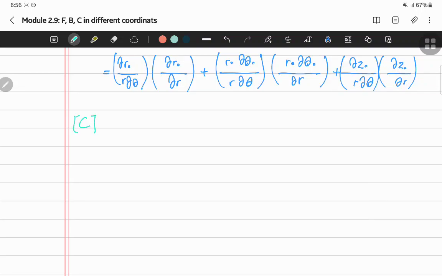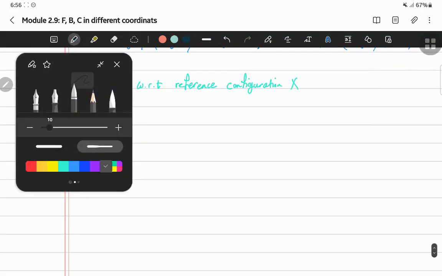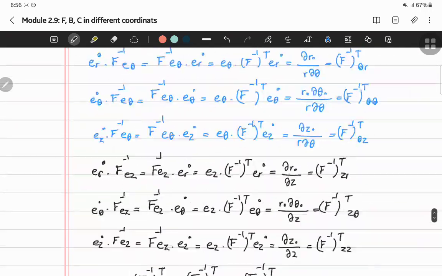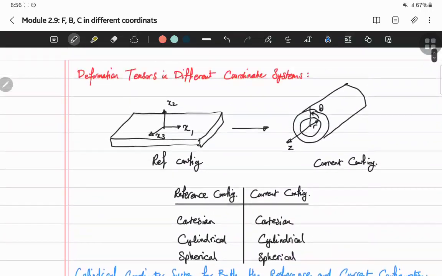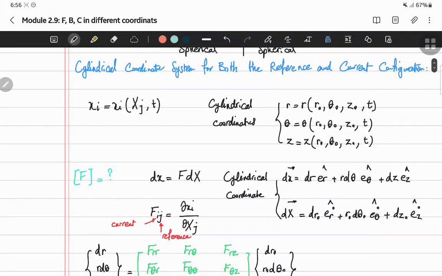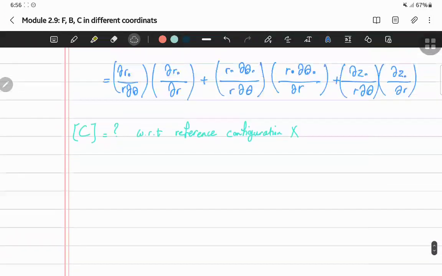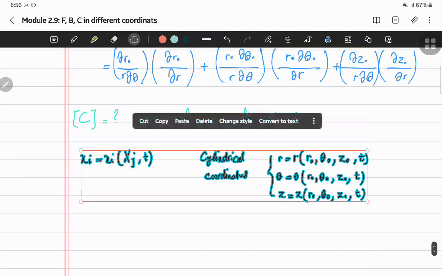But here the book actually calculated C with respect to reference configuration, capital X. So here we already know that, again, I can copy this and paste it down here.